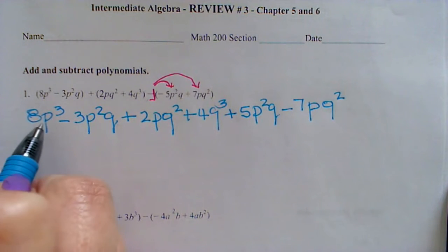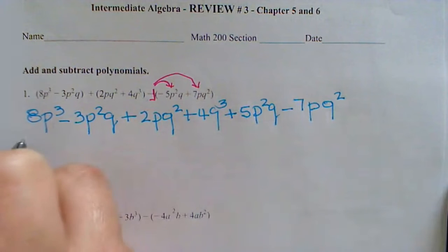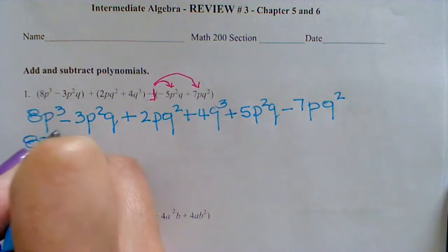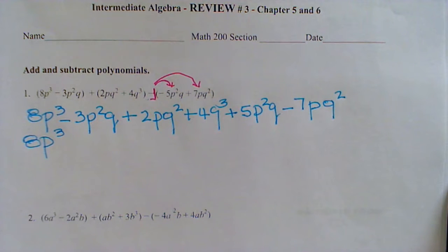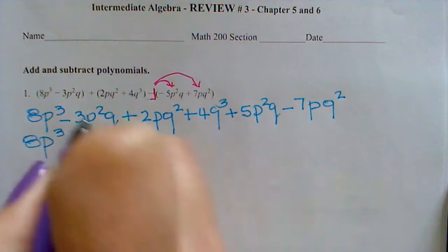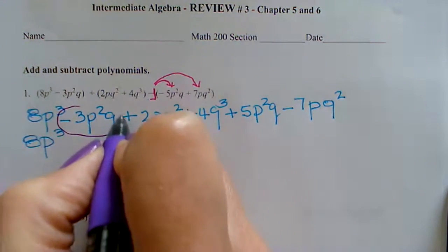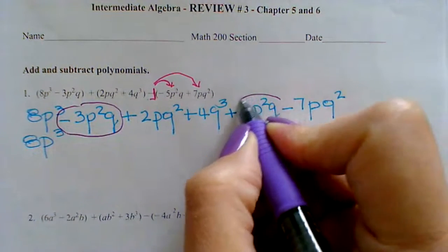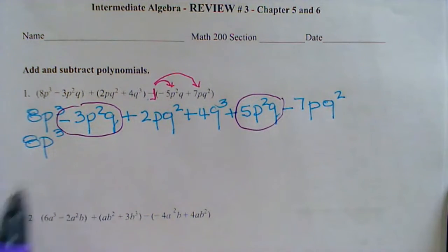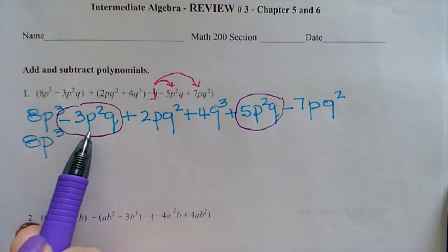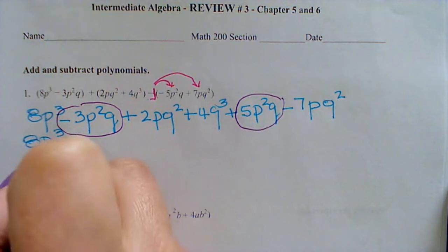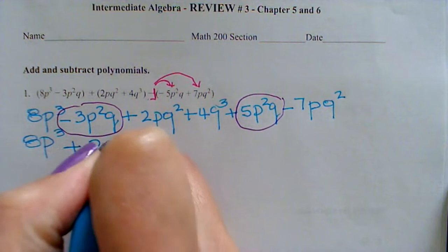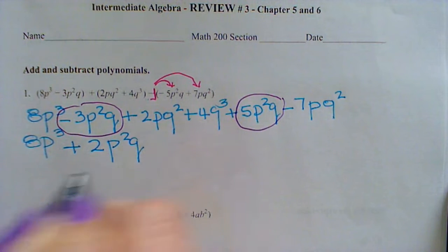So 8p to the third power is going to be the only one that I see here. Now, do I have p squared? Yes, I have p squared times q and p squared times q. This is negative 3 and this is positive 5. So my answer is going to be positive 2p squared q.